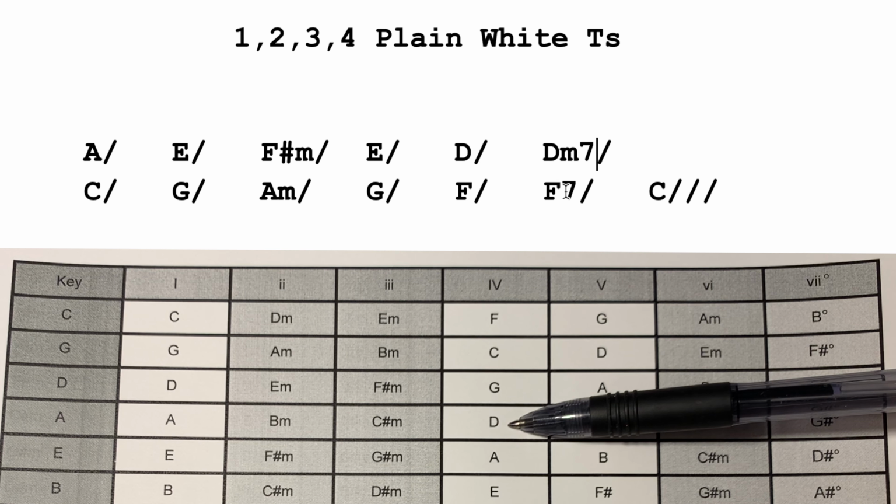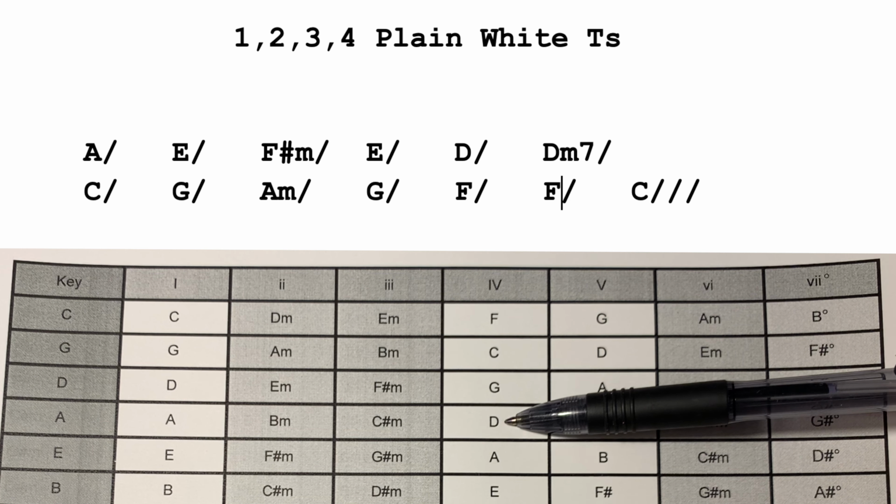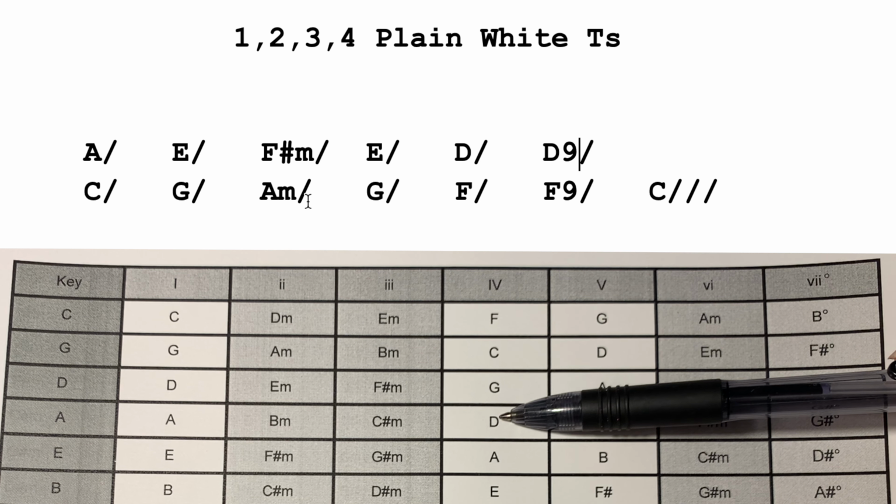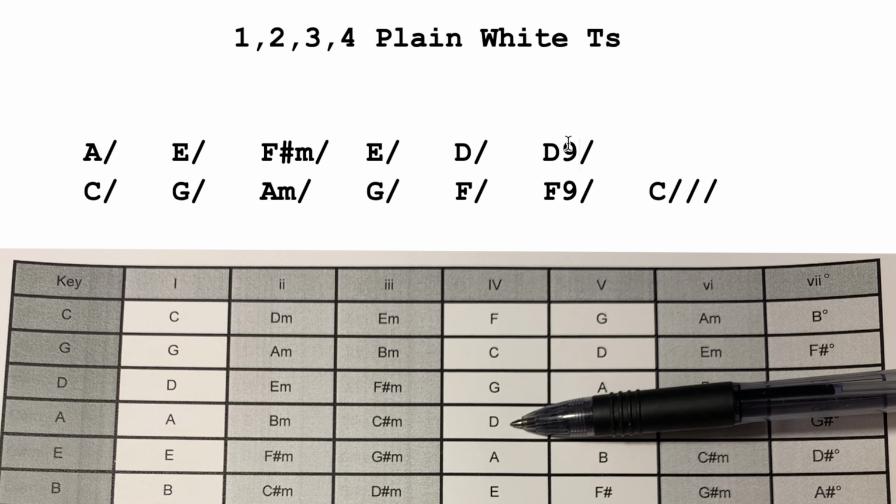If it were a minor 7th here, you would change it to a minor 7th here. If it's an F9, for example, you would change the new one to an F9. So anything that happens here in the original, you would do that to the new key, even though it's technically not in the pattern, it's something where you're changing something for musical interest.